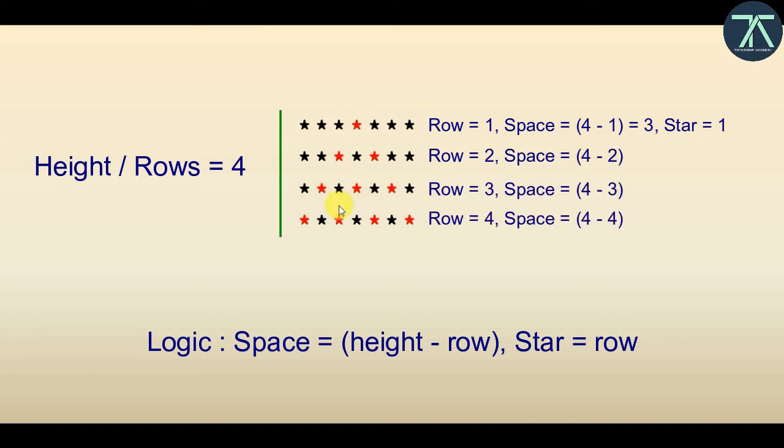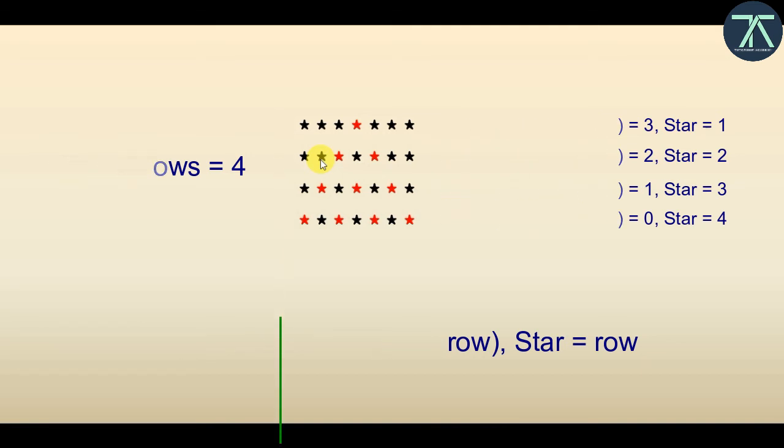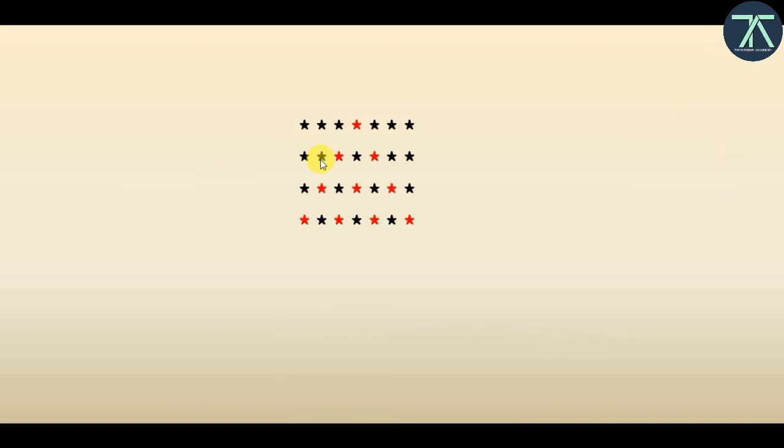Same as in the second, if we consider from the second, the height is 3, right? 1, 2 and 3. In that case the second row has 3 minus 1, that is 2, black stars at the left of the first occurrence of a red star. This way we are going to implement our code in Java.